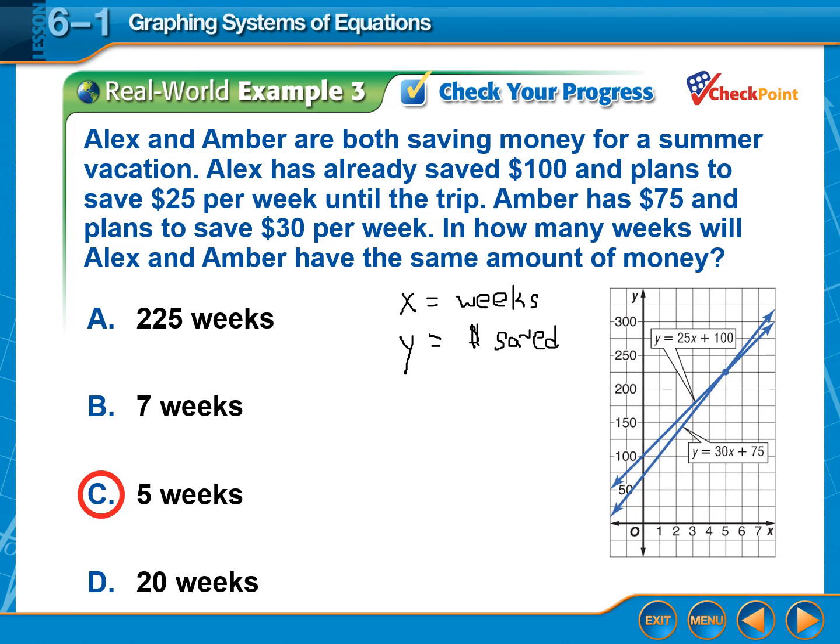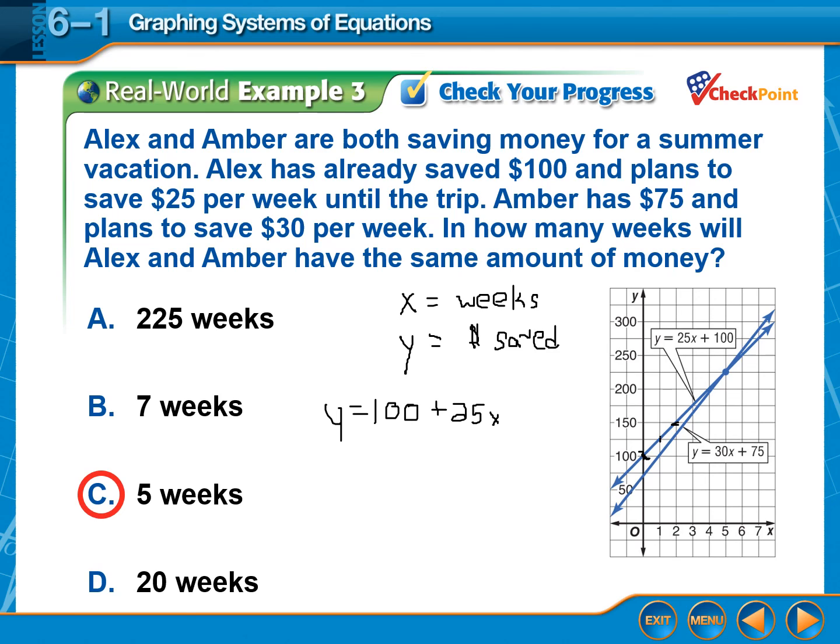And the correct answer is 5, and you can kind of see it over here on the graph. So the two equations that you should have come up with for Alex: his total amount was $100 that he starts with, plus the amount that he saves, which is 25 per week, x. So Alex is this line here, this top line. He starts at $100, and he's going up by 25 each week.